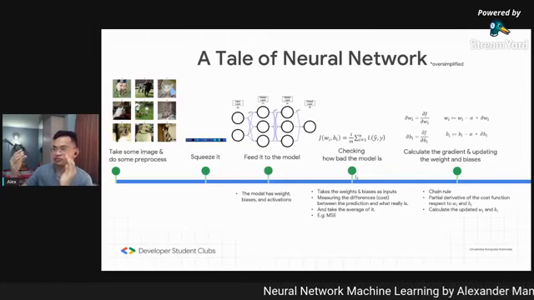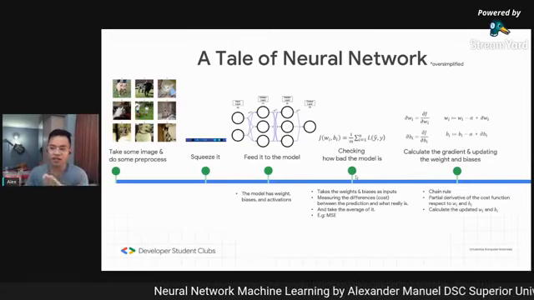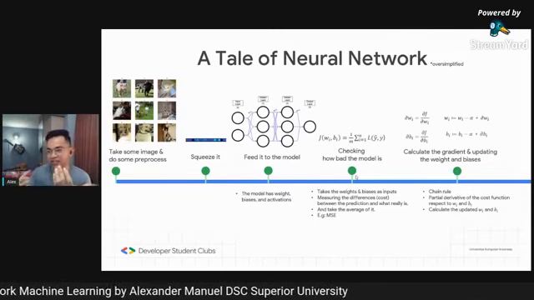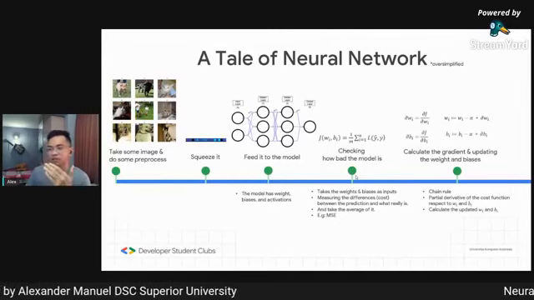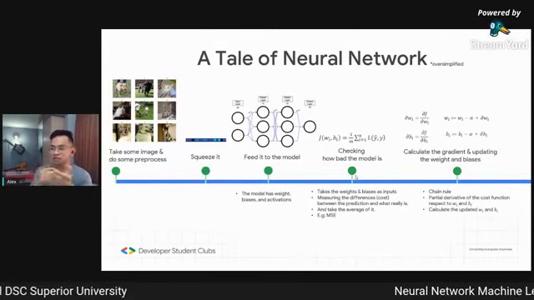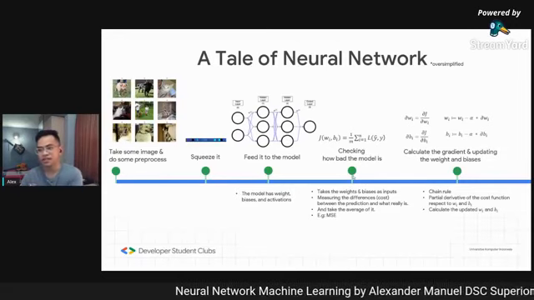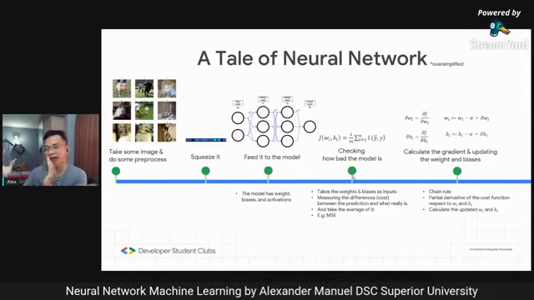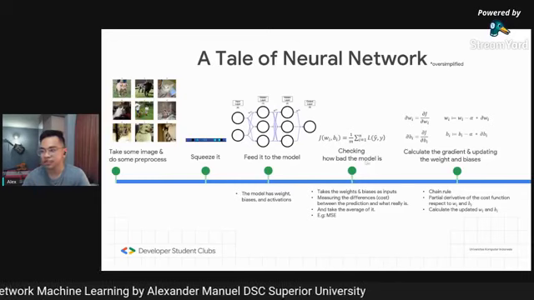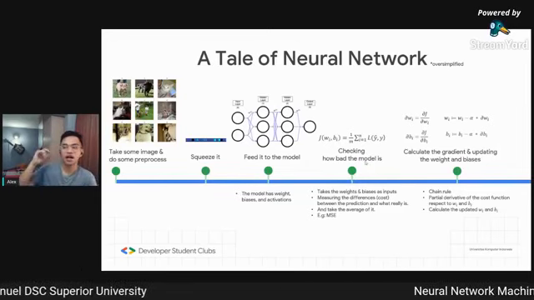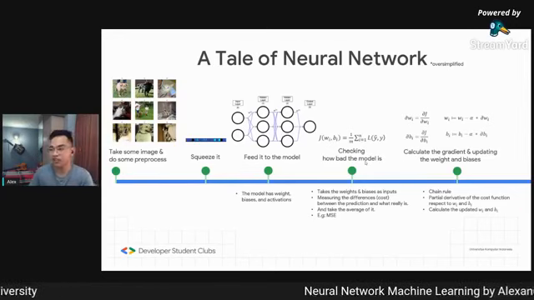For instance, the actual value should be 1 because it is a dog, but the predicted value was somewhere around 0.67. So there's this error value. And actually, there are a lot of cost functions.